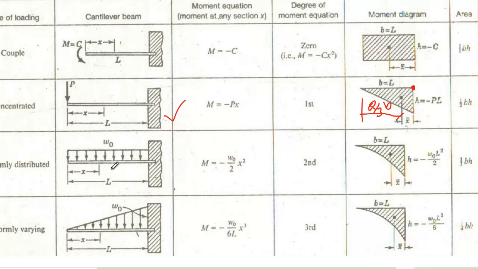Okay. So if you get a uniformly distributed load, that time you have second degree, right? In the moment diagram, the line of action will be second degree, and your equation would be 1 by 3 BH. The area of this is the approximate value, you understand?